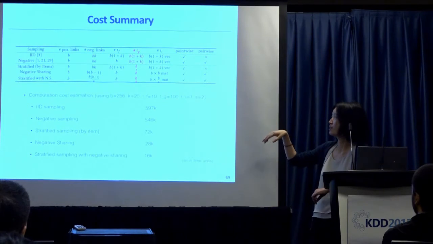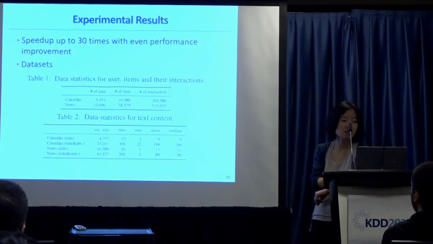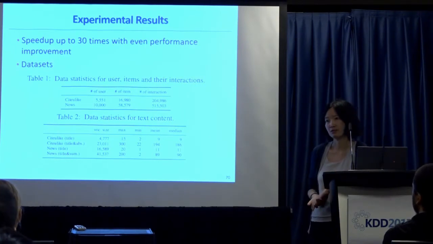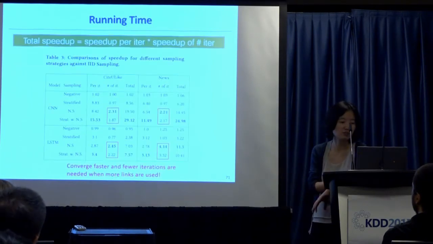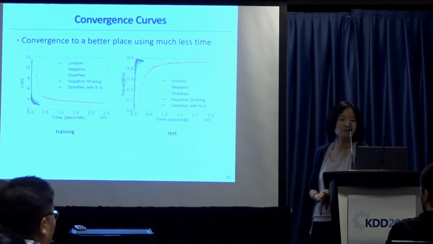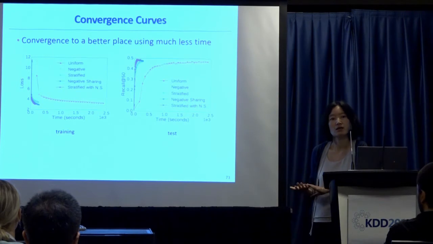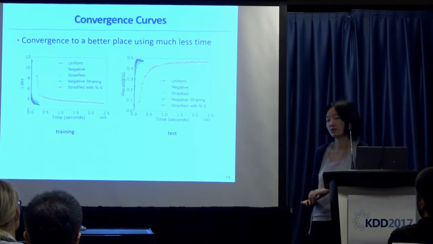You can plug in some K and S. In our experiments, we find that easily you can get up to 30 times speed up just by changing the sampling strategy for each mini batch. And an interesting thing is that if you look at the performance, especially compared with the sampling strategy using negative sharing, the performance is even better because we're using more data points.